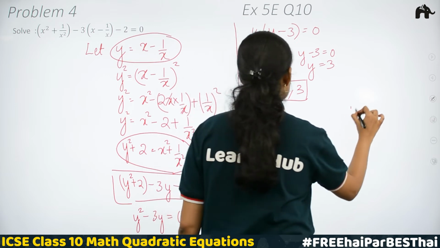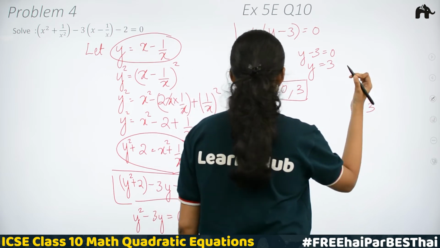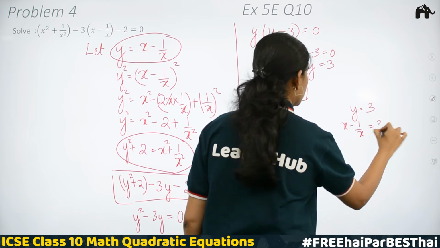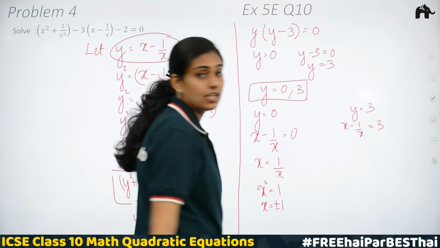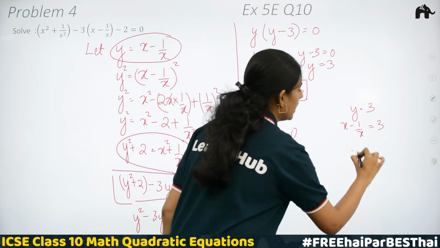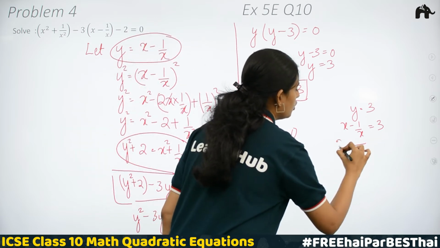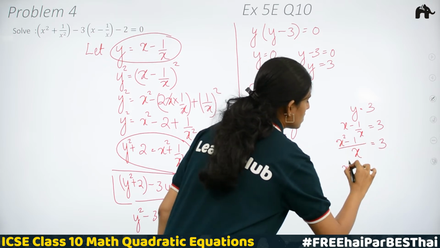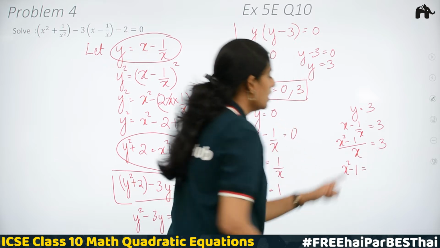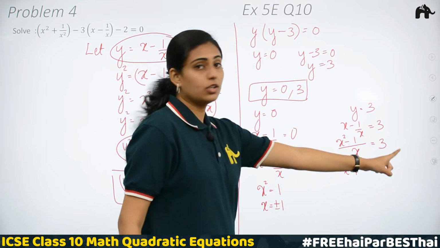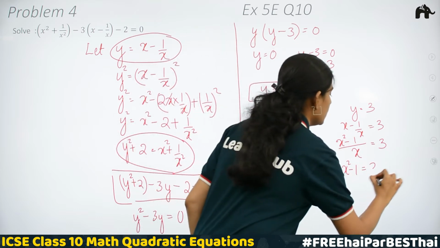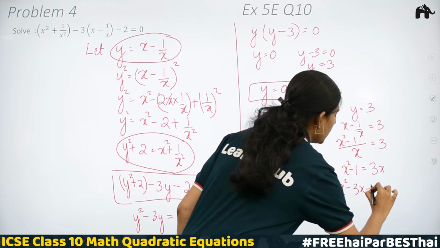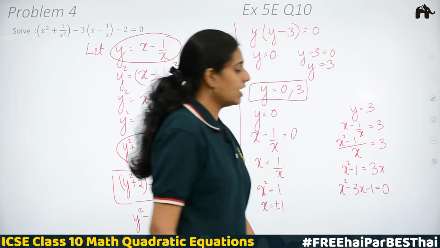Now, when y is equal to 3, let's see, x minus 1 by x is equal to 3. That is, taking LCM, we get x in the denominator. Numerator, it is x square minus 1, which is equal to 3. That is, x square minus 1 is equal to, taking this x to the numerator, we get 3x, or x square minus 3x minus 1 is equal to 0.